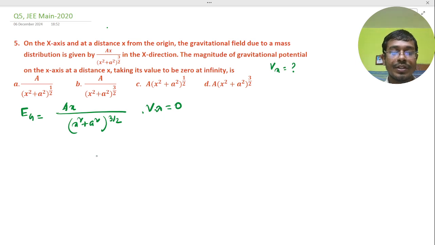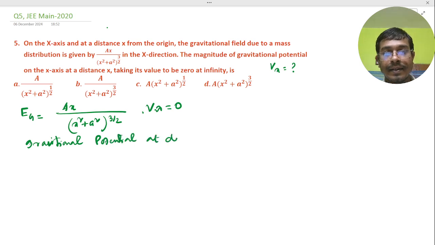So gravitational potential at distance x would become, integration V infinity to Vx, by the definition dV is equal to minus gravitational field Eg into dx, integration infinity to x.